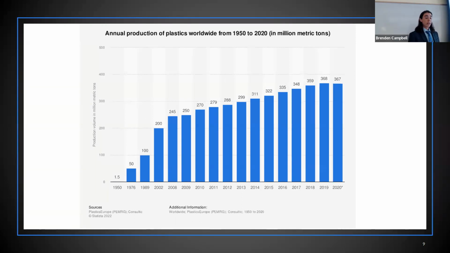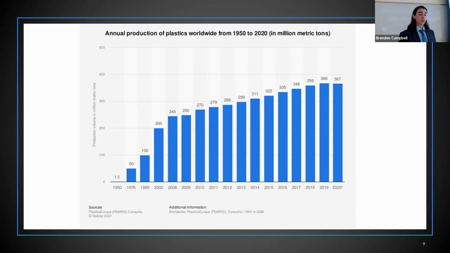And in 2020, global plastic production was estimated to be 367 million metric tons in that year. Industry analysts project a return to an average of 3.4% growth per year, and plastic production has overtaken other common materials such as glass, metal, and paper.